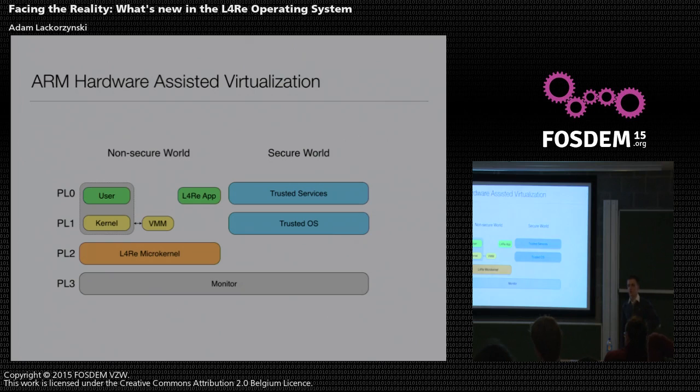Depending on the state of the virtual machine, it will switch either into the kernel mode PL1 for the virtual machine, or into user mode PL0 of the virtual machine. And besides that, you can still run native L4Re applications.